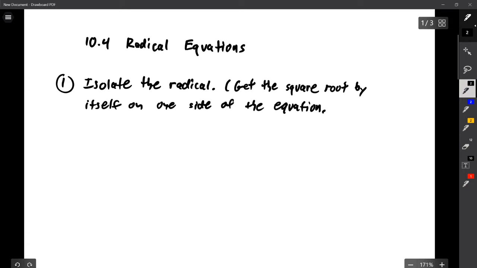Now, step 1 may or may not already be done for you. It could be that what you're given is, oh, look, the square root is by itself already on one side of the equation. The radical, again, in this context, we're talking square roots, but a radical can be a cubed root, a fourth root, a fifth root. A square root is basically saying what number times itself would equal the thing inside.